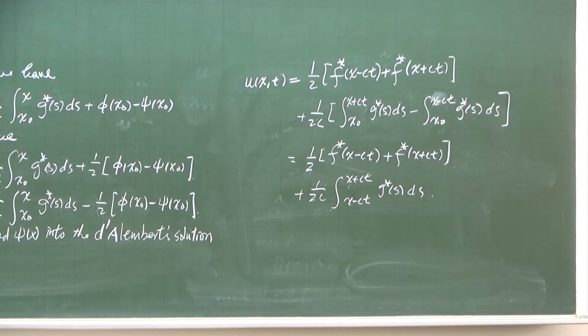This must be true for all t greater than or equal to 0. This is an identity.